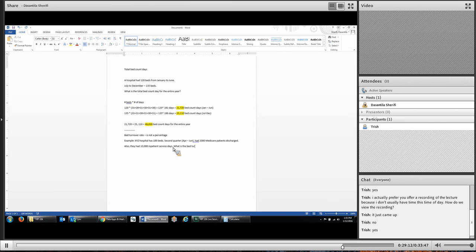Bed turnover rate. All right, so now let's work with it. What does our formula say? Our direct formula says that the bed turnover rate is equal to the number of discharges, and that includes death, okay?